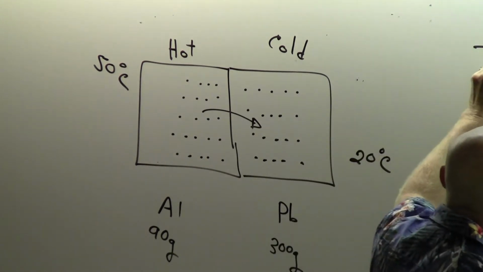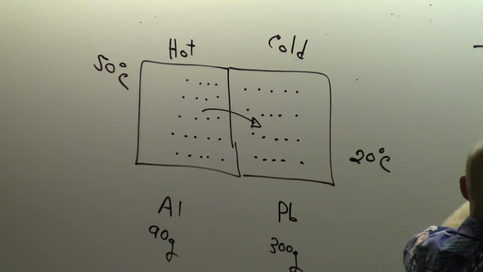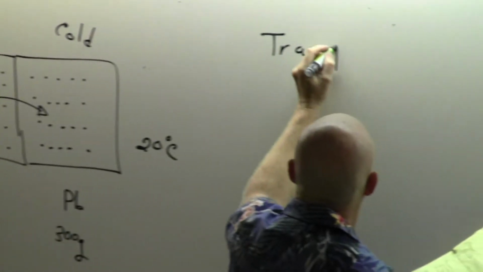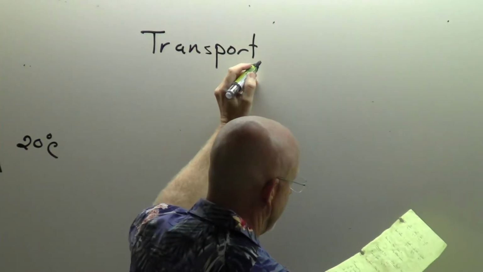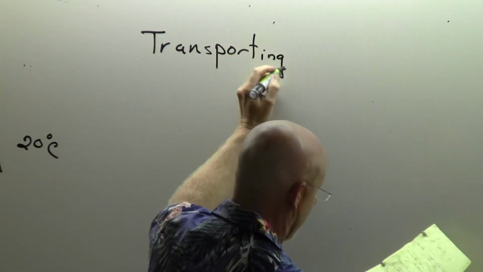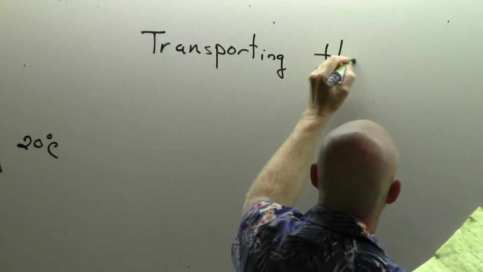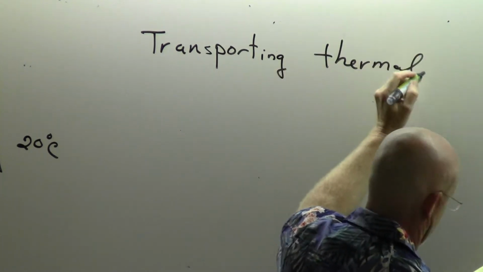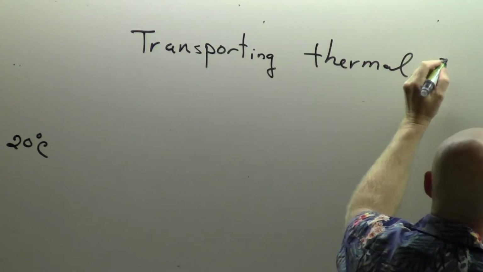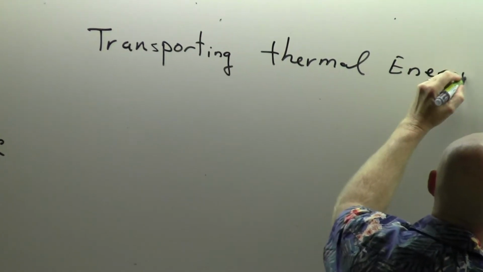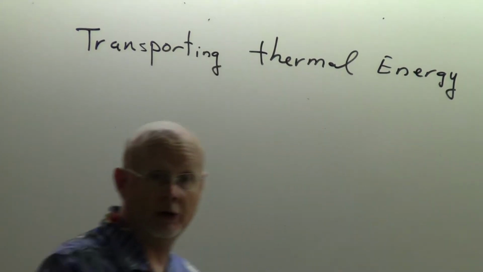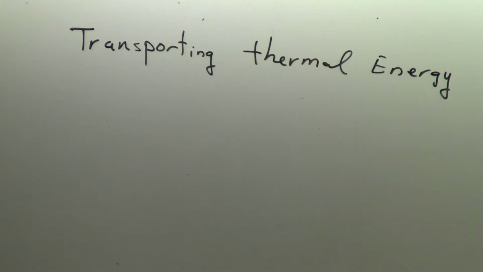And all we calculated in the last bit was what the final temperature would be based upon the final amount of energy that transferred. What we didn't do is ask the question, how does the energy get transferred and at what rate?